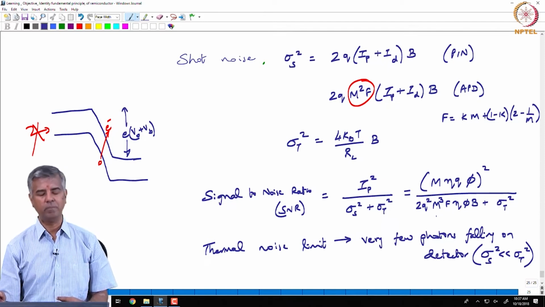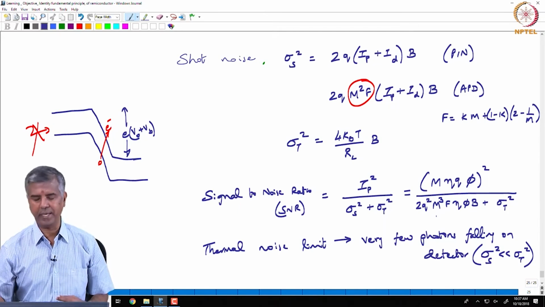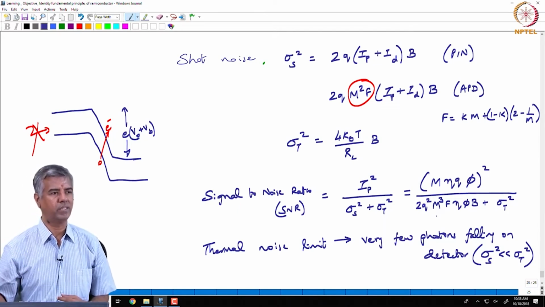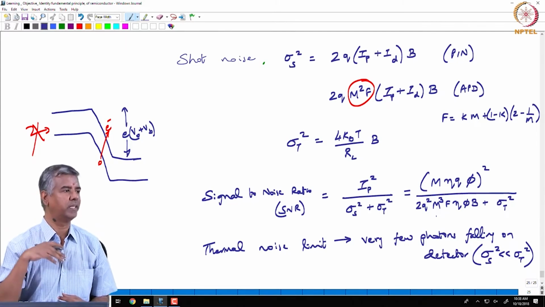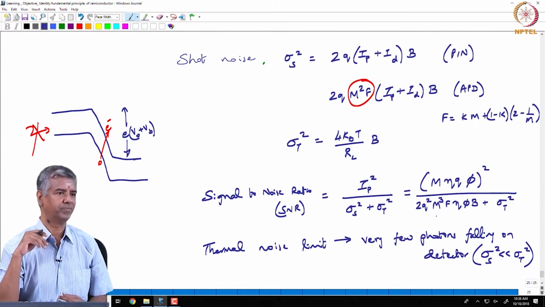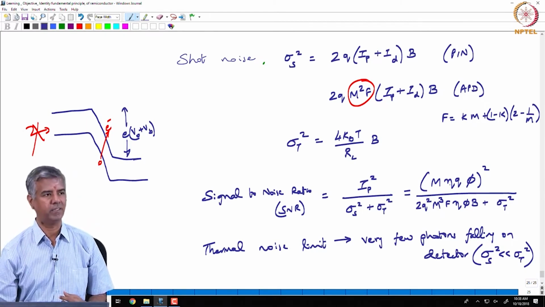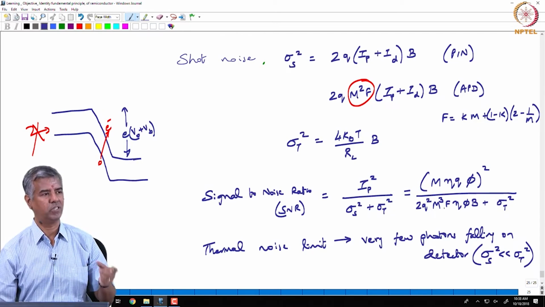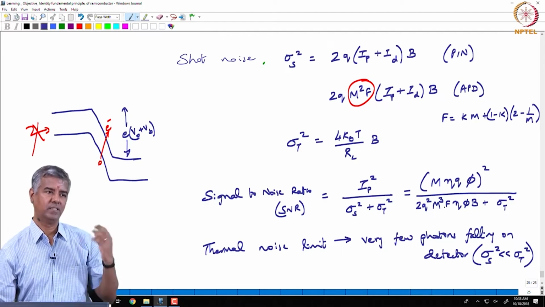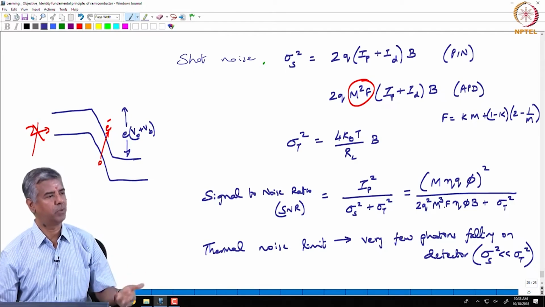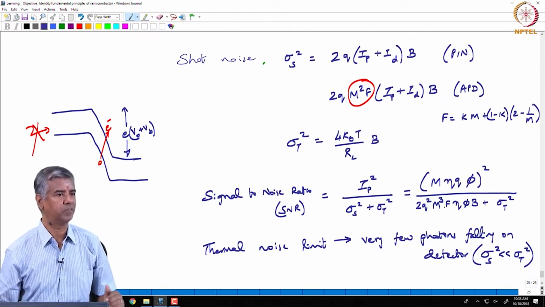So, in that case, as you increase your gain, you are actually lowering the signal to noise ratio, right. In the shot noise limit, you have an M square factor in the numerator, you have an M cube factor in the denominator. So, the signal to noise ratio becomes inversely proportional to M, and in that case, increasing the M is only going to reduce the signal to noise ratio.